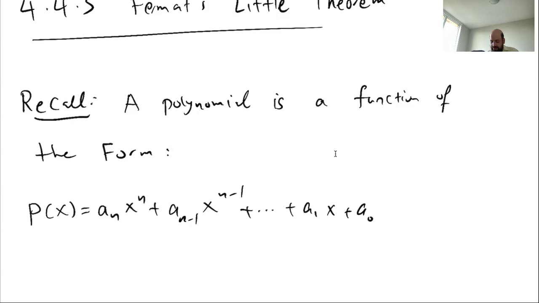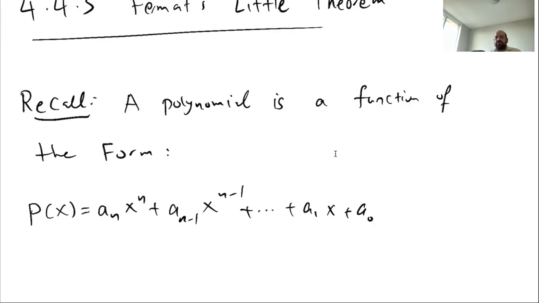So p of x equals an x to power n plus all the way to a1 x plus a0, and an to a0 are all in Zp, this set. So p here is a prime number. And still the leading coefficient an has to be not equal to 0 in Zp.